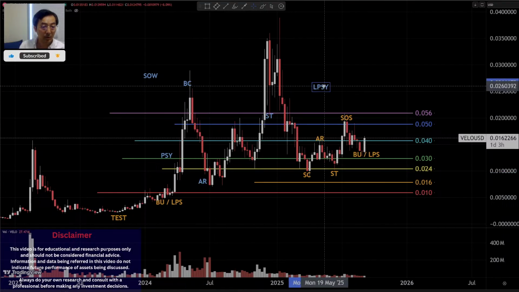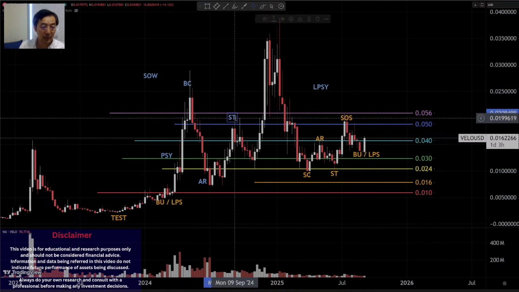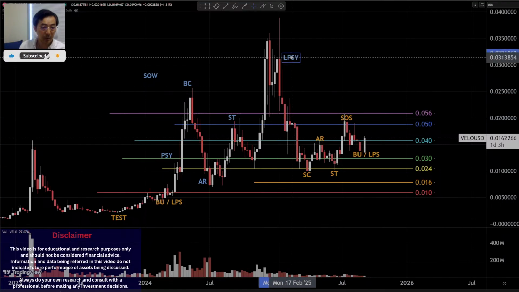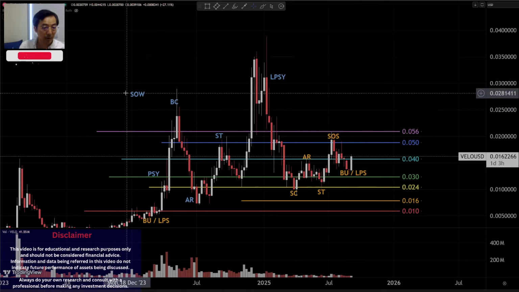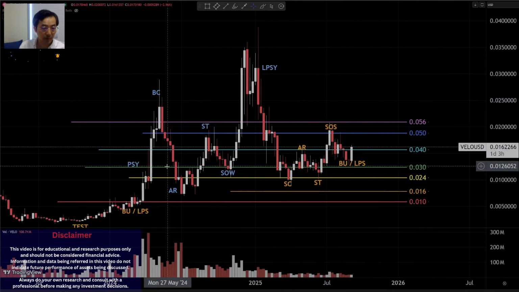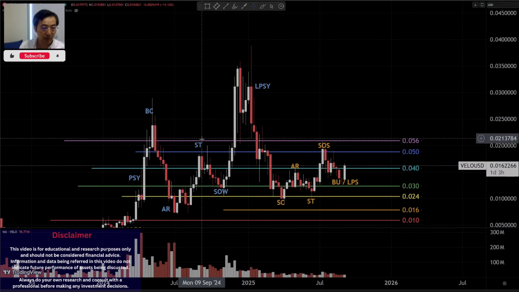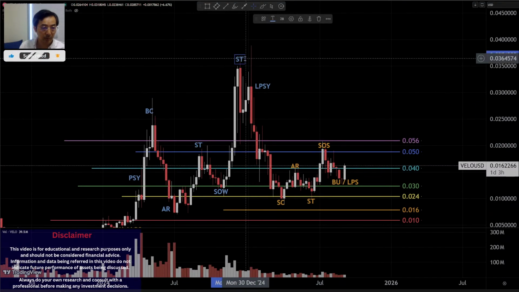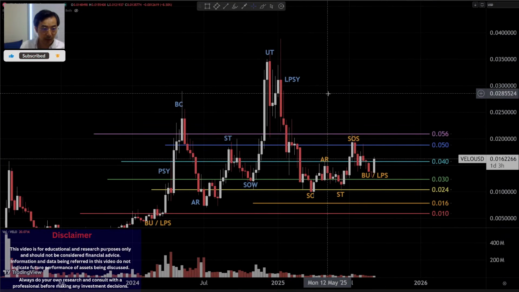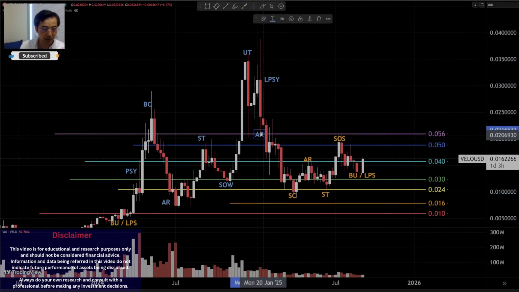And I'll say that's a second test. The LPSY probably goes here. Sign of weakness right there. And eventually that's the upthrust. Yeah, a bit tricky for this chart, but that's how I'm going to put it.